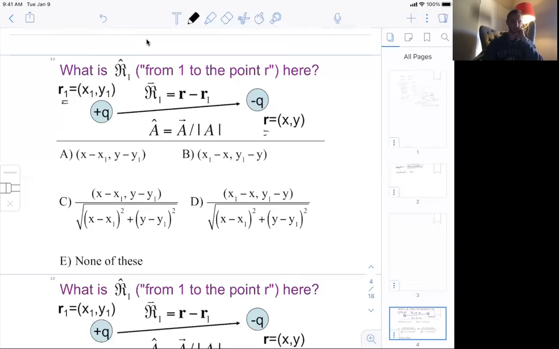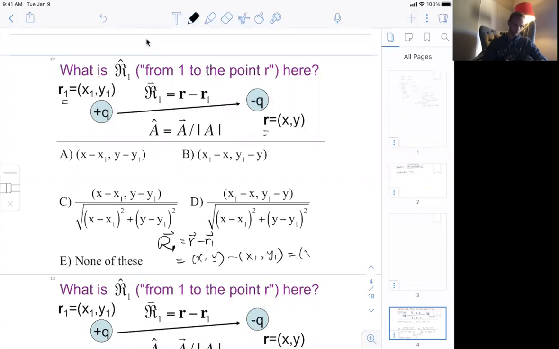To get the R hat, we first need to write this vector and then divide it by its magnitude. If we write out this vector, it is R minus R1. R is simply x and y, and R1 is x1, y1.